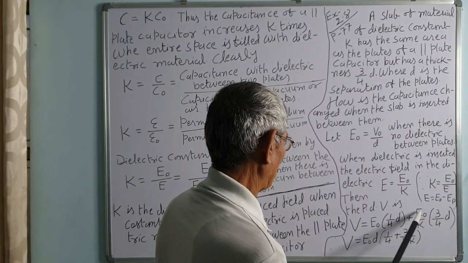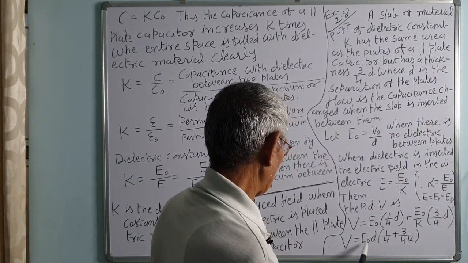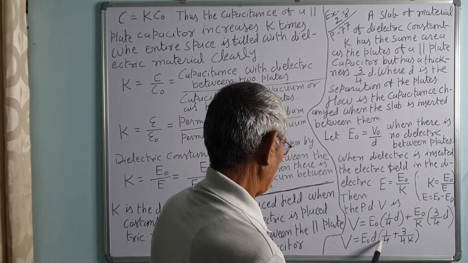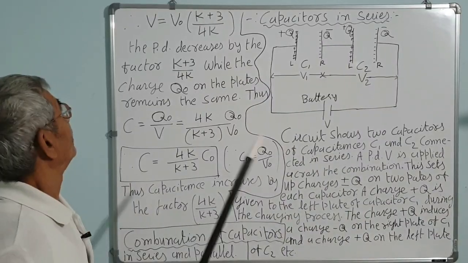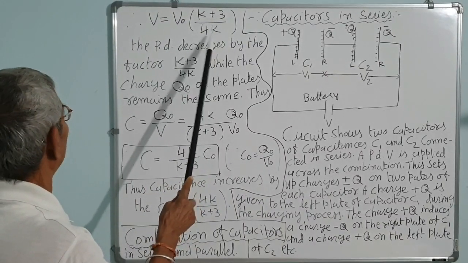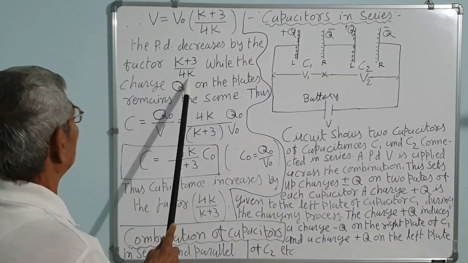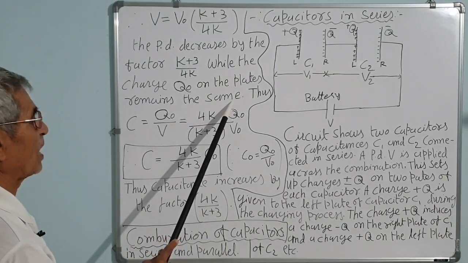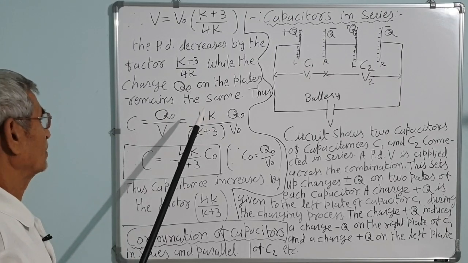So, the field in this will be E0 upon K into 3/4 D. Therefore, V is equal to E0 D into bracket, E0 D is common, 1/4 plus 3/4 K. Thus, V is equal to V0 into bracket K plus 3 upon 4K. The potential difference decreases by the factor K plus 3 upon 4K, while the charge Q0 on the plates remains the same. Charge does not change on the capacitor, only the potential difference changes and hence the capacitance changes.